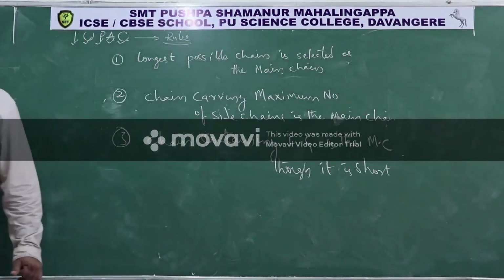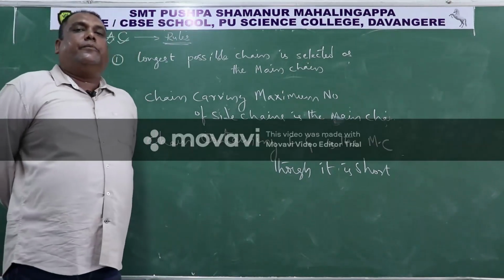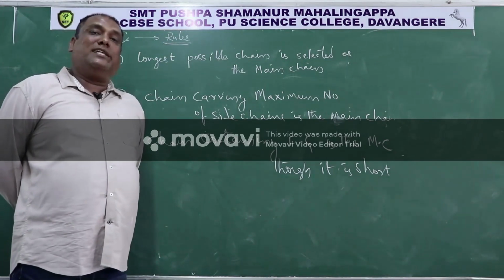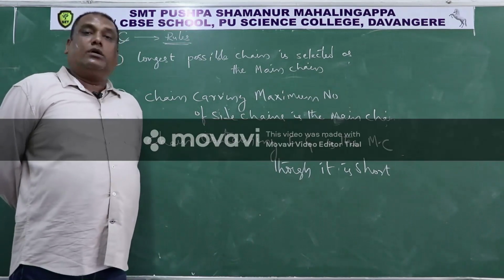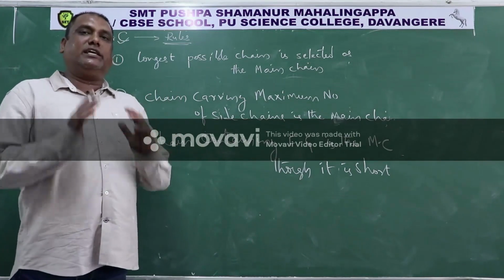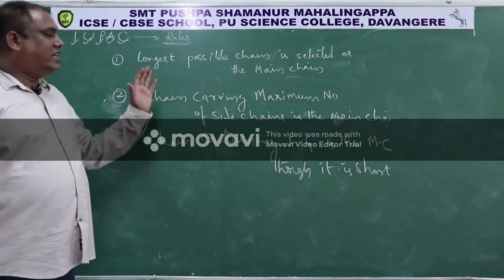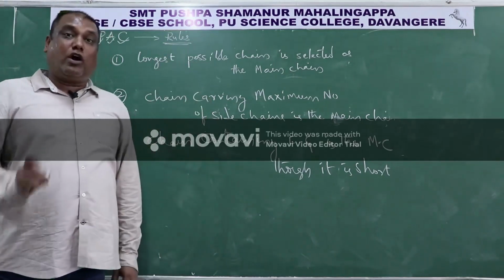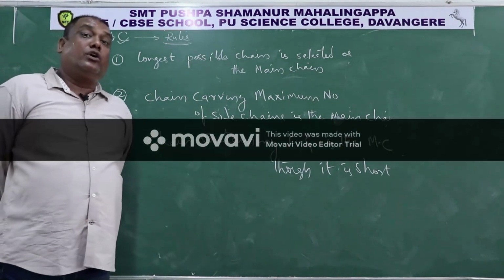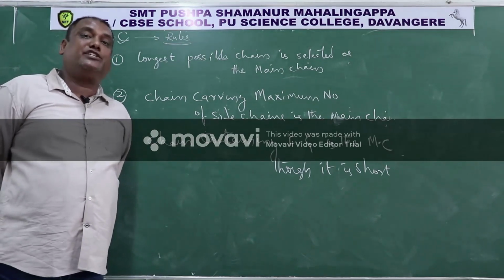Then after selecting the main chain, this is the first point, that is selection of the main chain, and the main chain is selected based on these rules. After selecting the main chain, the next step is we have to give numbers to the main chain. We should give numbers to the different carbon atoms present in the main chain.